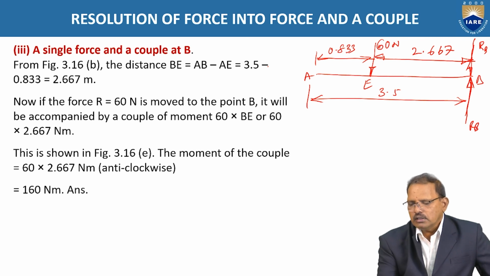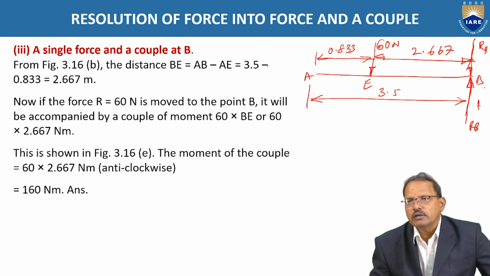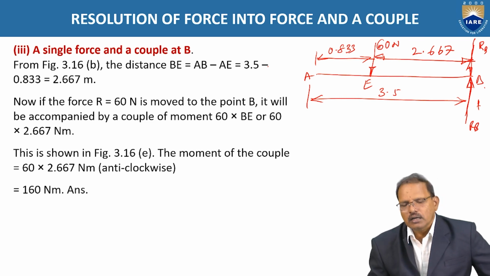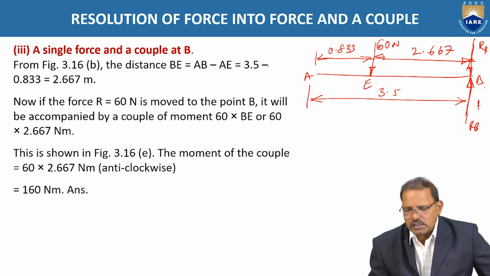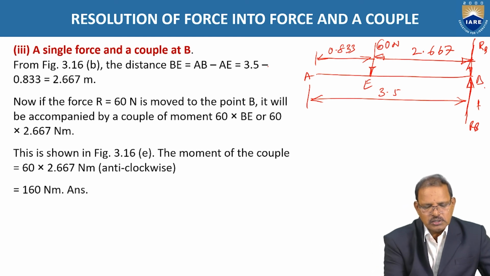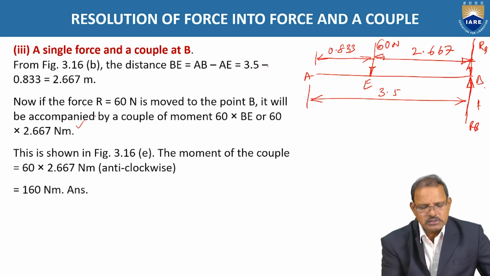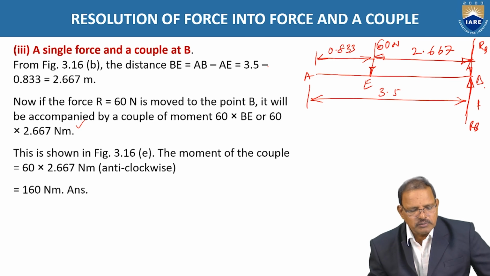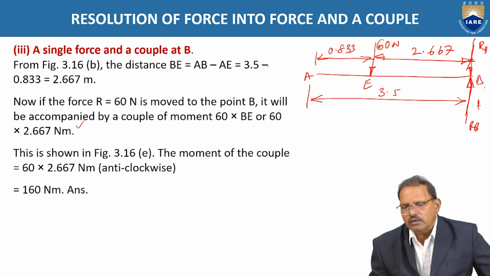But the upward force acting at B and the downward force at E always tend to rotate the body in the anti-clockwise direction. Hence the couple created at B when we change the position of the resultant force from E to B is 60 into 2.667 meters, which is equal to 160 newton meter. This is the couple acting at B when the resultant force is shifted from E to B.